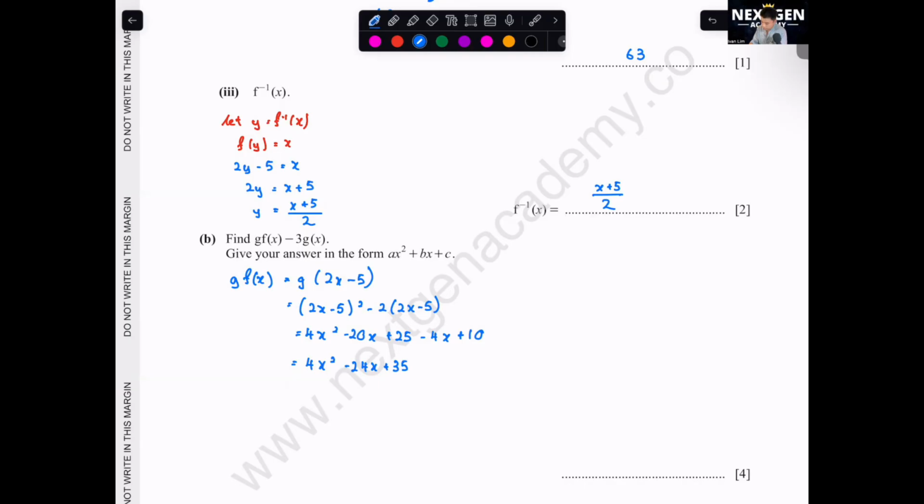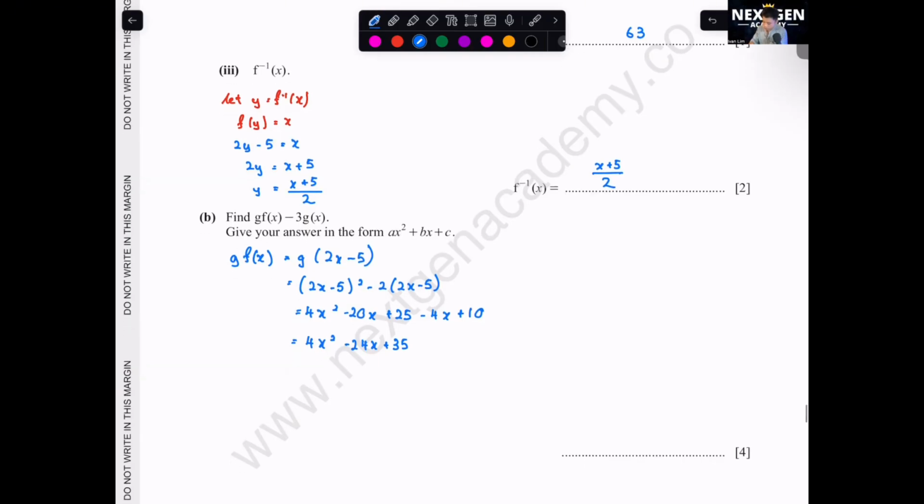Okay, 3g(x). We can straight away calculate it. Let's write down: gf(x) minus 3g(x) will be 4x squared minus 24x plus 35 minus 3x squared plus 6x.